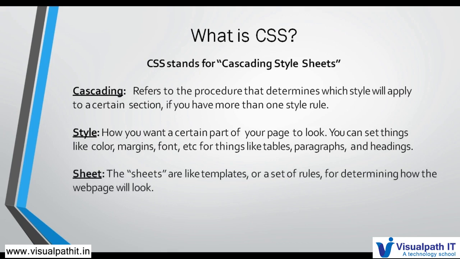Now the third word is sheets. Sheets are like templates or a set of rules for determining how the web page will look. A web page is whatever you see in the Internet Explorer once you type an address into it and the page appears.